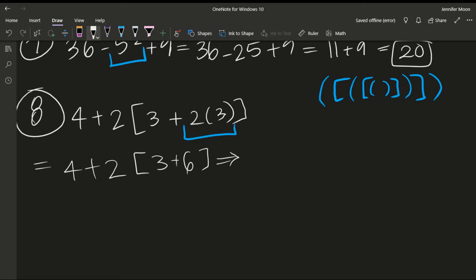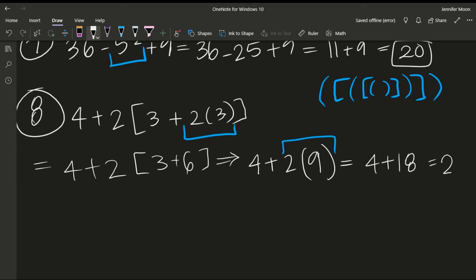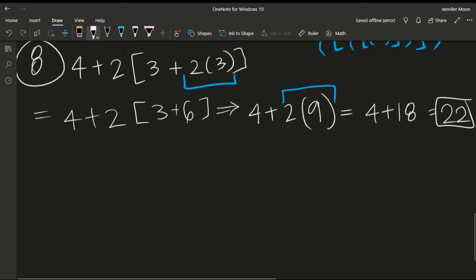I have 4 plus 2 times 3 plus 6, which is 9. Okay, so we have 4 plus 2 times 9. Well, of course, I'm going to do the multiplication first, right? This right here. And so what I would get is 4 plus 18, which is 22. Okay, and there you go.